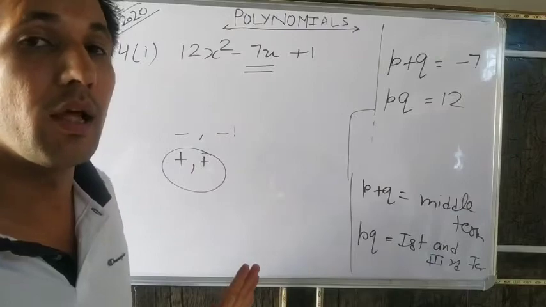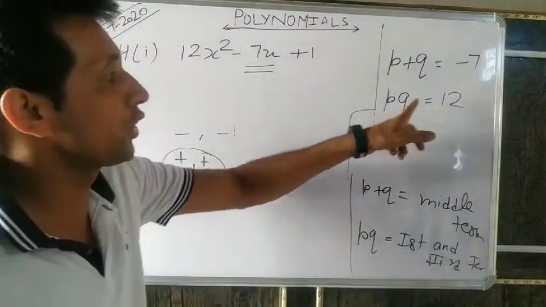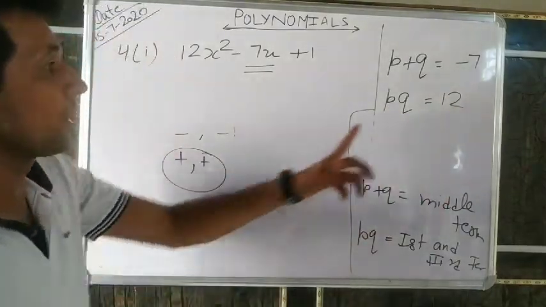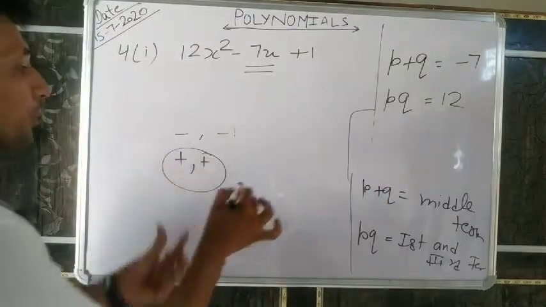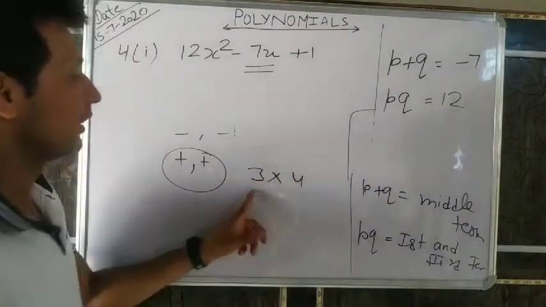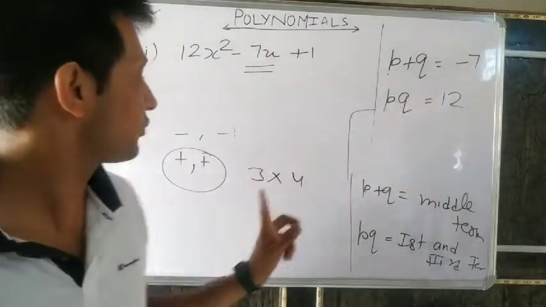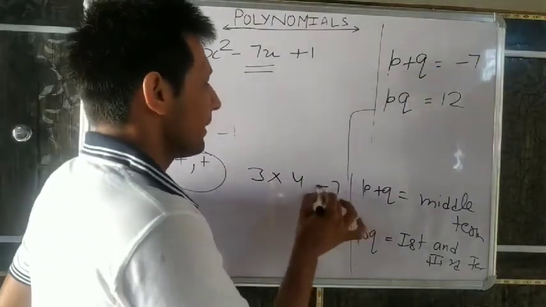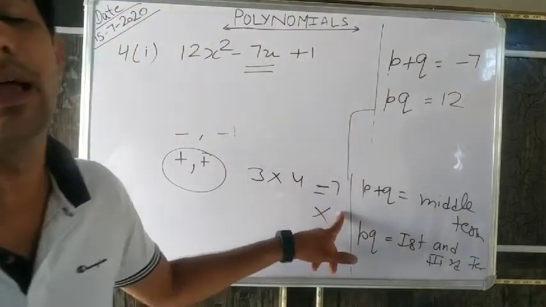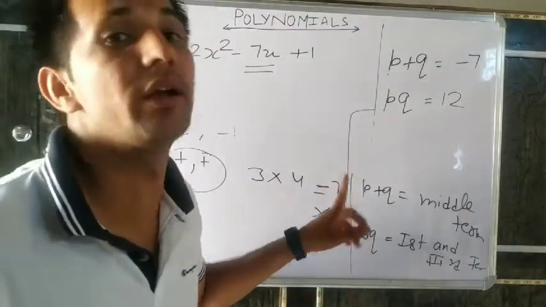Not possible. Why? Because the product is 12 and both are positive: 3 into 4 is 12, but the sum 3 plus 4 is 7. But we have to find the sum minus 7.